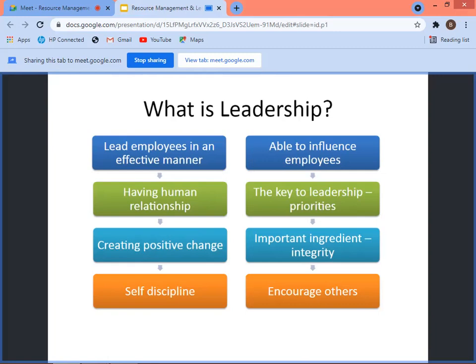So the key to leadership is priorities. You have to prioritize which one is important, which one is urgent, which one is non-important, which one is not so urgent. So you prioritize. You manage your time. Which one is the most urgent one?